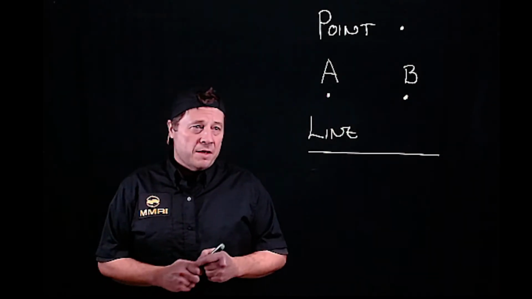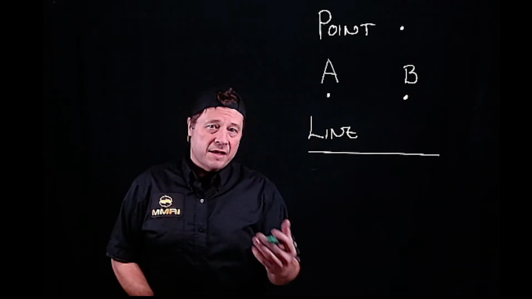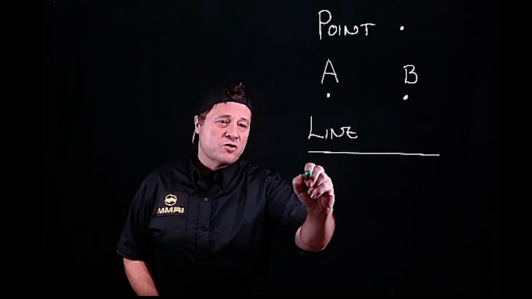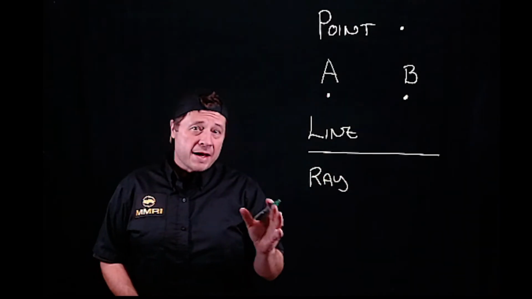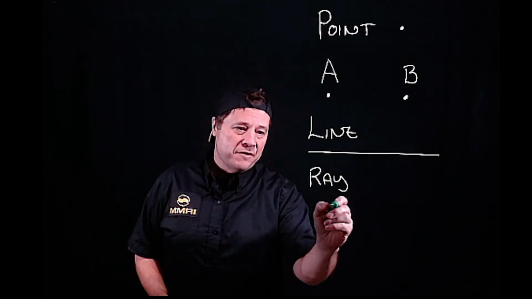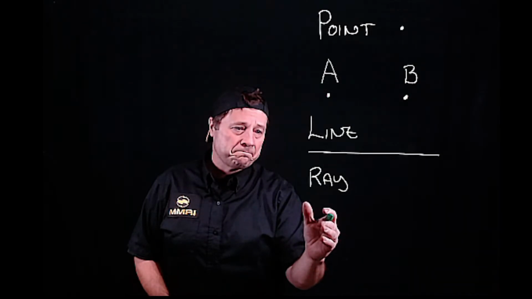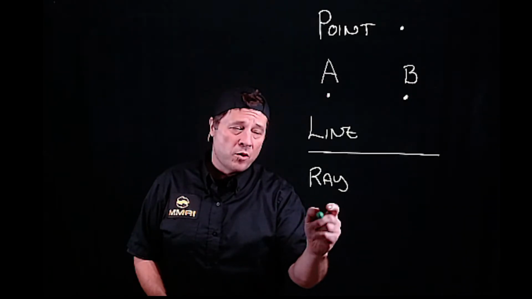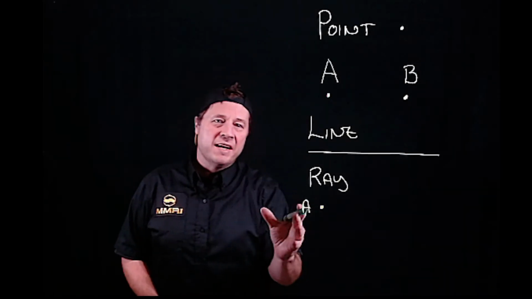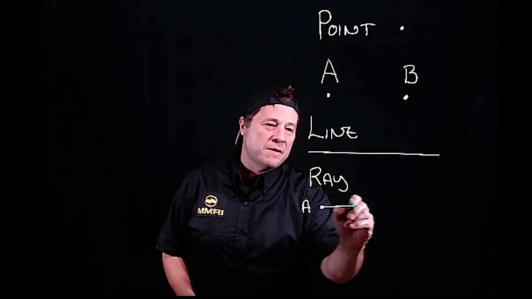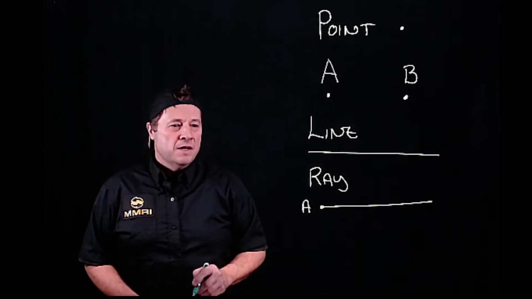Now, there's another type of line that we talk about quite a bit in geometry, and that's a ray, okay? And a ray is a line that has an endpoint, okay? So we'll say this is point A. The line starts at point A or ends at point A, okay?